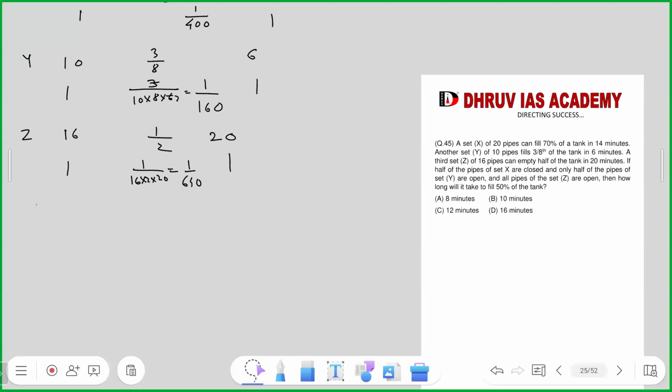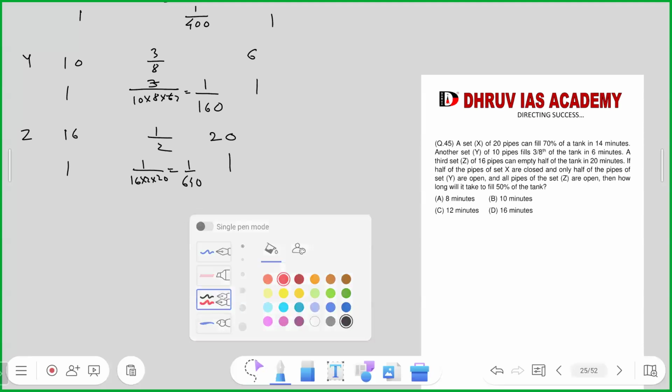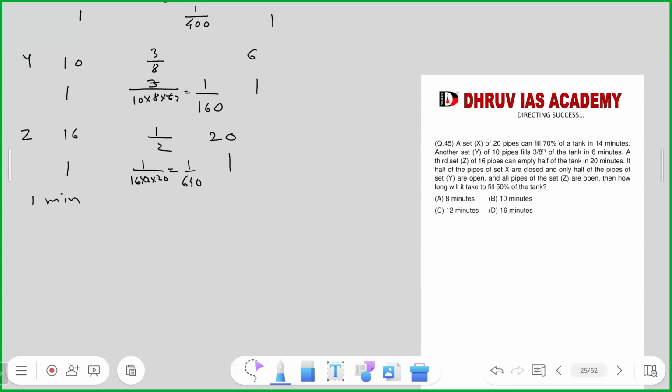So in 1 minute, 10 pipes of X will be 10 upon 400, plus Y. See, only half of the pipes of Y are open. There are 10 pipes of Y, that means only 5 pipes are open. So 5 upon 160, because one pipe of Y is filling up 1 by 160th of the tank.